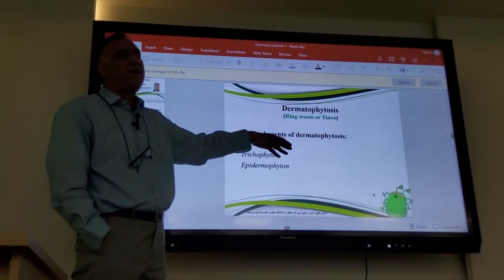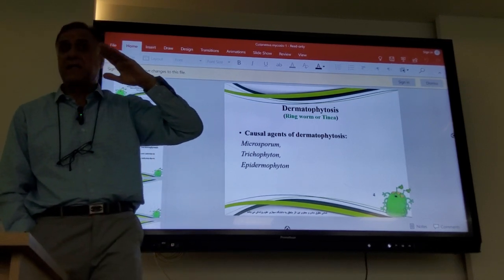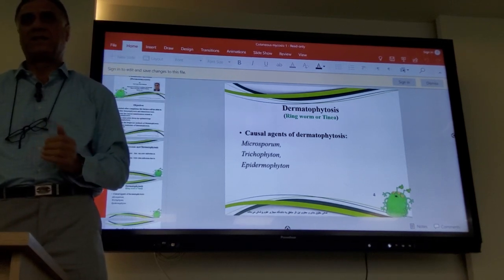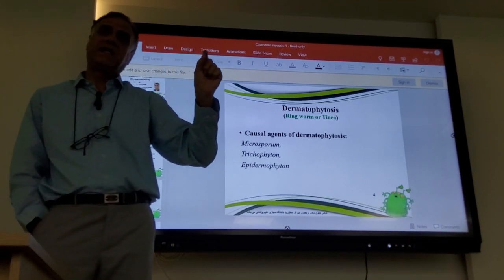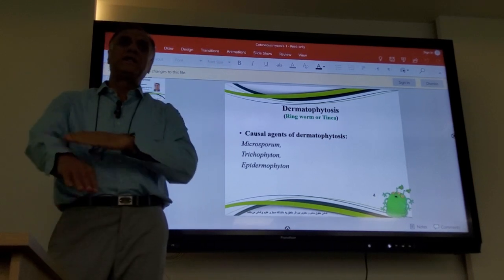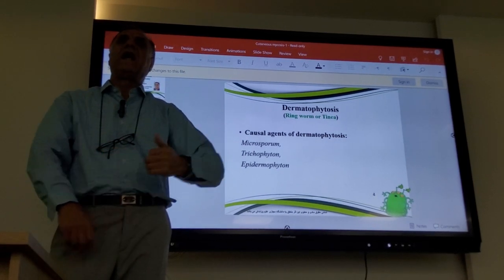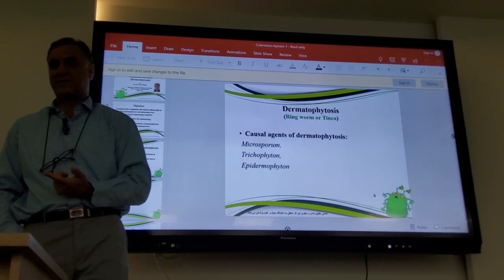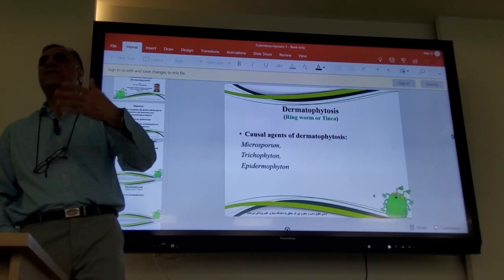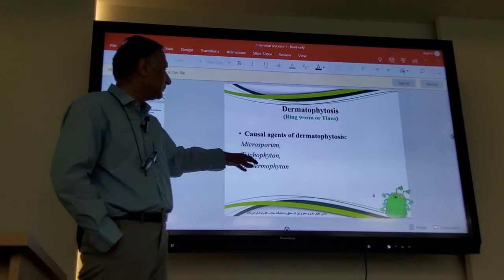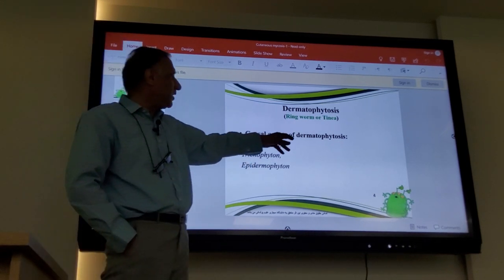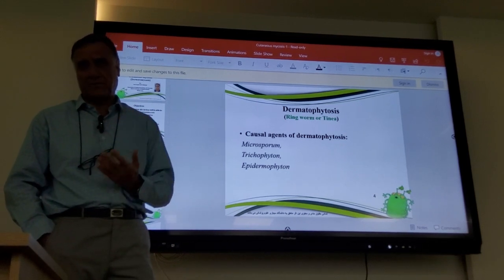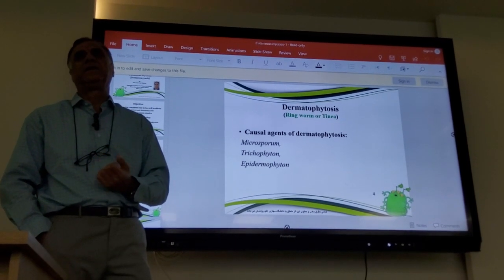Dermatophyte is a group of fungi. They are keratinophilic. You have keratin tissue in the surface of the skin, and these fungi like this material for growth, sporulation, and reproduction. These fungi are mycelial fungi, not yeast form in shape.